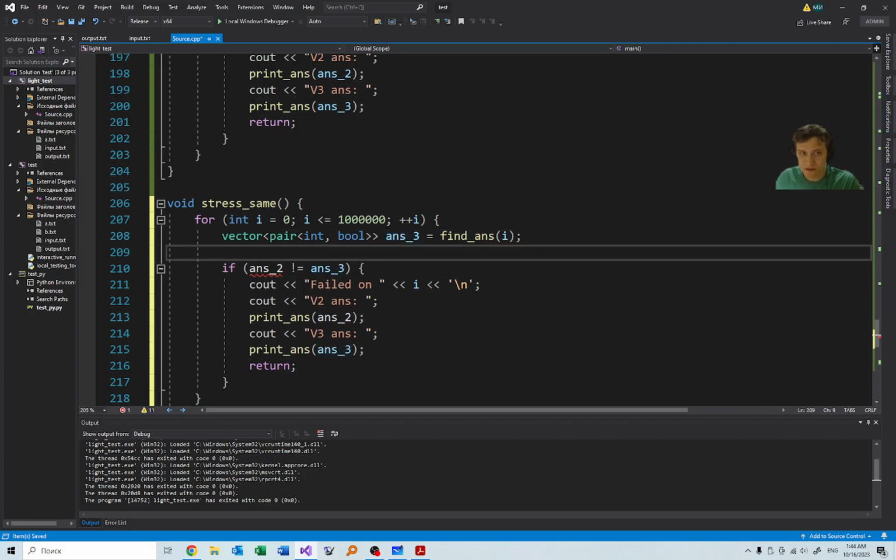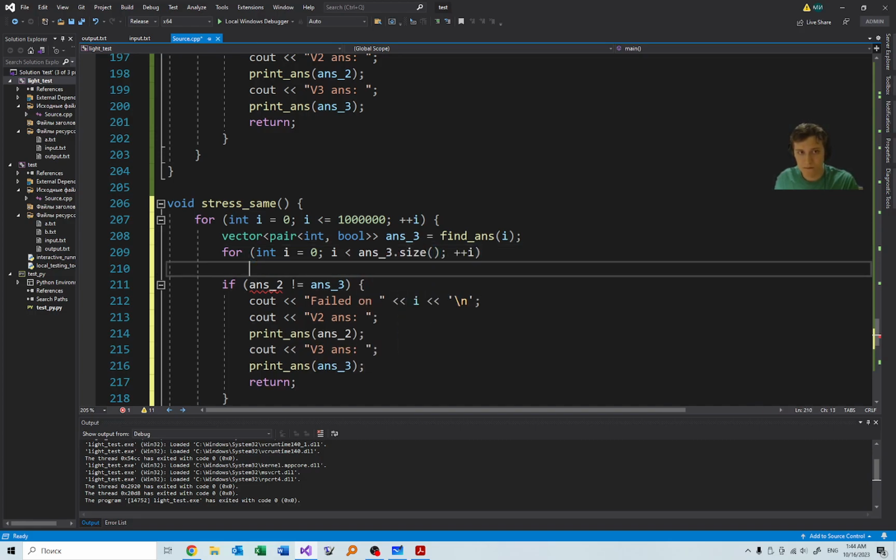Then I need to check whether ans 3 I dot, no, if size of pyramid, this should be at least size of pyramid of ans 3 I plus 1.